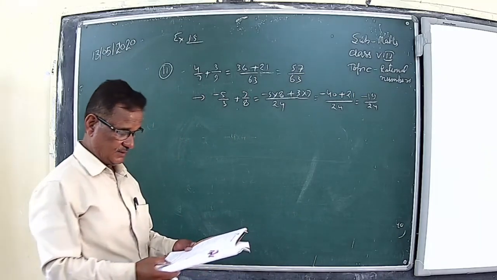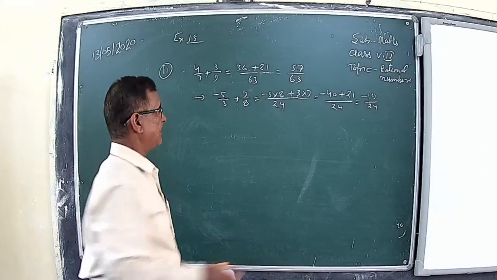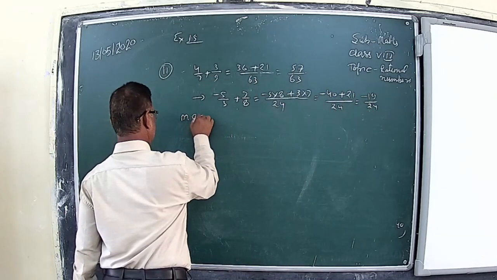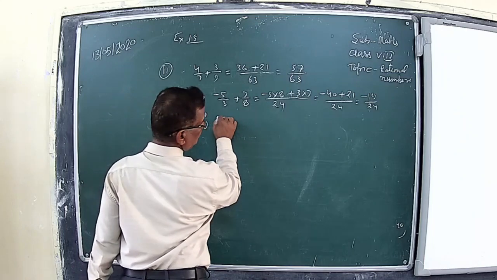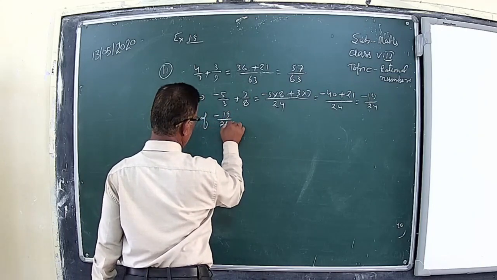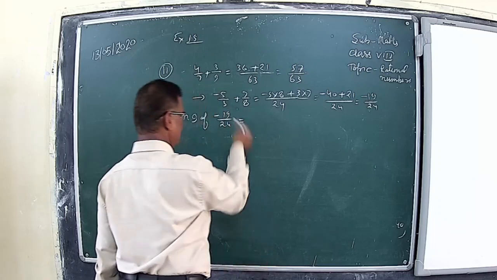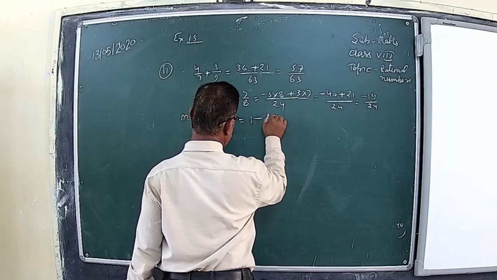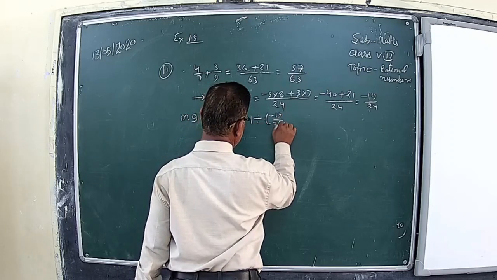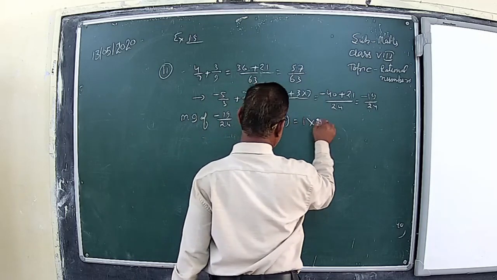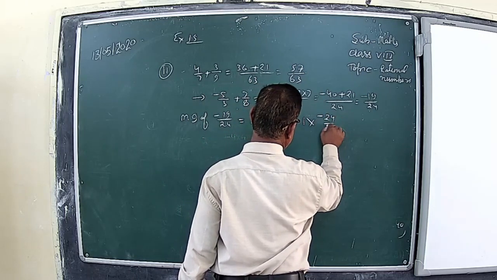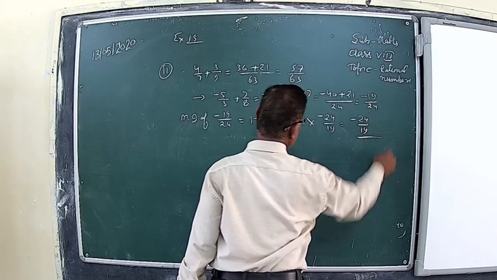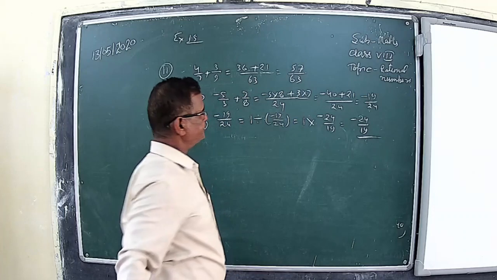We are asking what number we should multiply by this to get the multiplicative inverse of this. The multiplicative inverse of minus 19 by 24 is the converse of this: 1 divided by minus 19 by 24 is equal to minus 24 by 19.